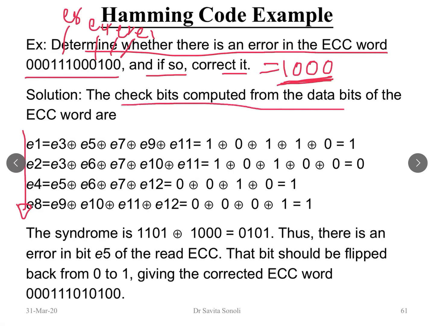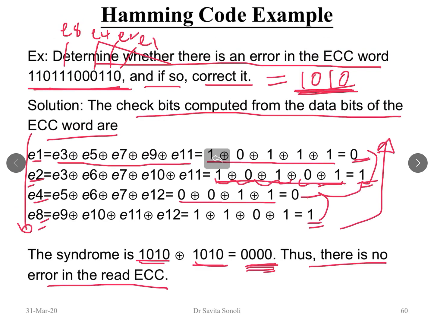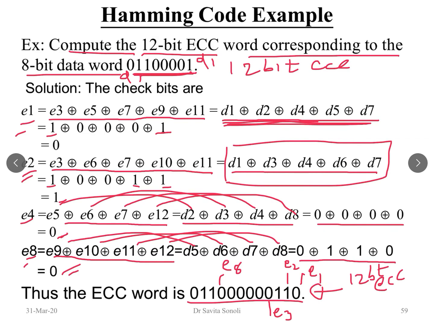So the check bits computed from the data bits of the ECC word are, first you have to calculate E1. So again, from the data bits, E1 is E3, E5, E7, E9 and E11 XORing, nothing but D1, D2, D4, D5 and D7 bits XORed.